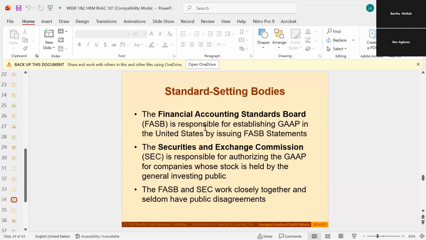Also, the Companies Code guides the preparation of accounts. The Securities and Exchange Commission also guides the preparation of accounts. And now we even have various regulations. If it is the public sector, we have public sector accounting standards that guide them. If it is the private sector, we have financial reporting standards that guide them.